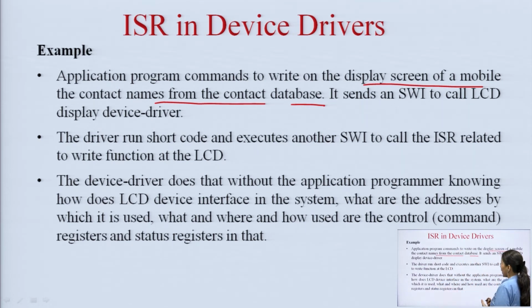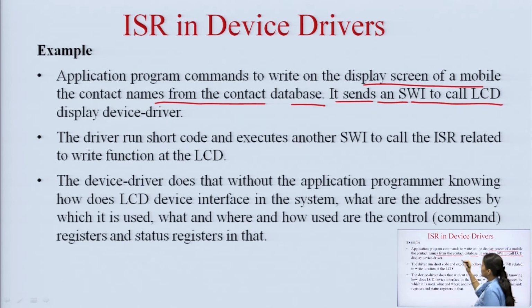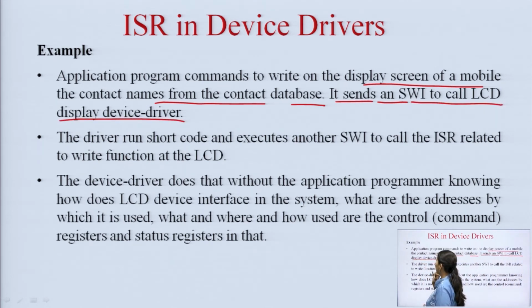Now, I have started a contact names display application. This application in turn sends an SWI to call the LCD display device driver. What is this SWI? Let us focus on some points about it. This is the software interrupt.